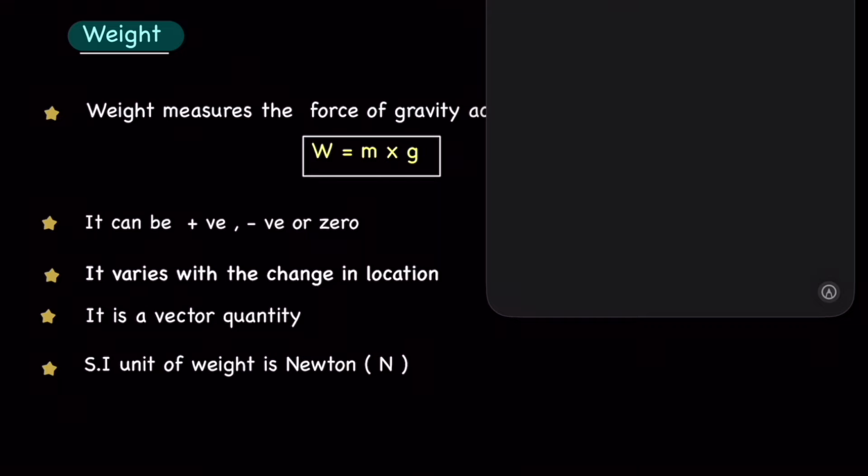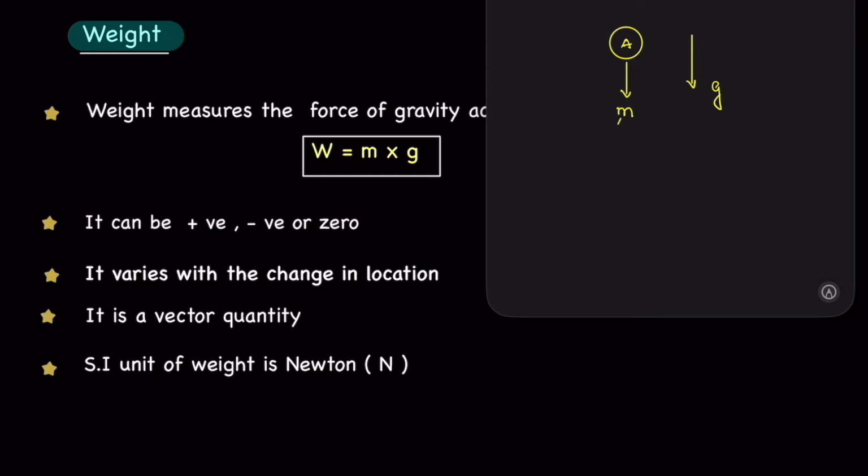Second property is it can be positive, negative or zero. Why does this happen? Because weight is a vector quantity. Vector quantity means it has magnitude as well as direction. Let's understand this concept. As you see in this figure, we took a body A moving in the downward direction and it has a certain mass m.